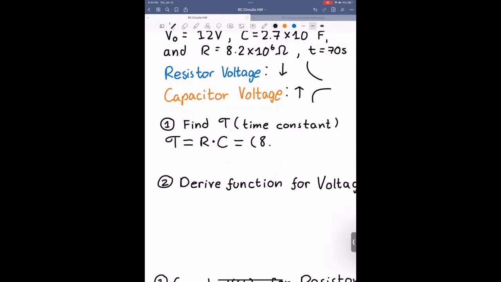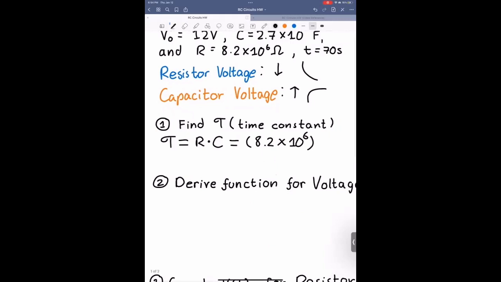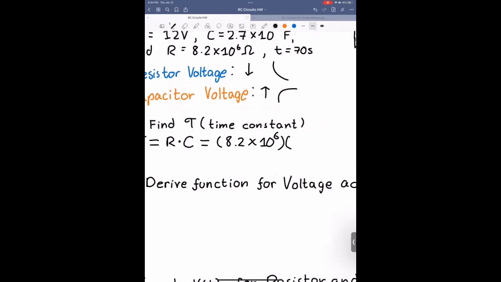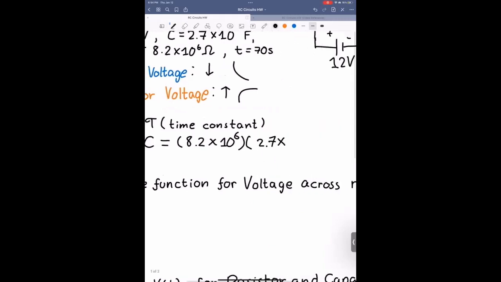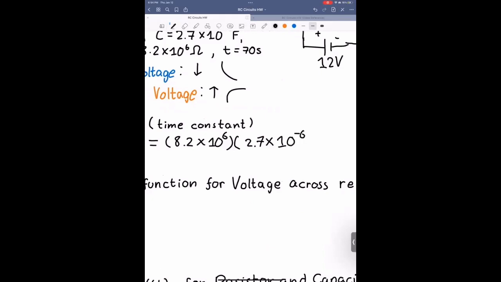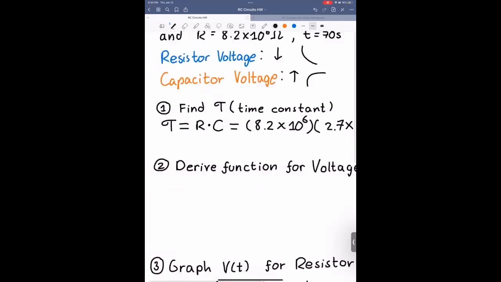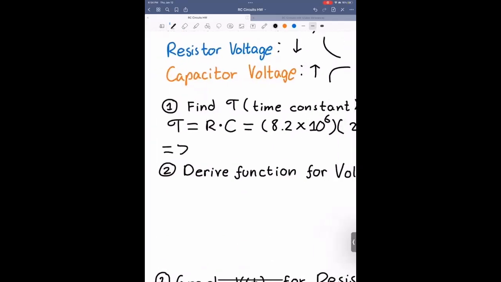Now, if we plug in our known values, 8.2 times 10 to the power of 6 for resistance, and 2.7 times 10 to the power of -6 farads for the capacitance, and we plug that into our calculator, we get tau, which is the time constant, equals 22.1 seconds.